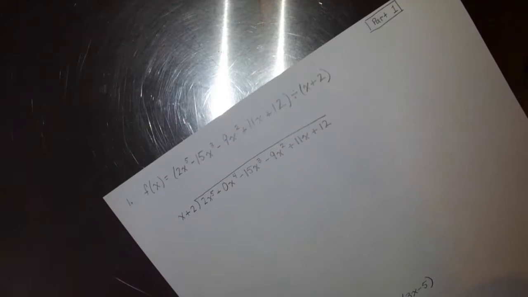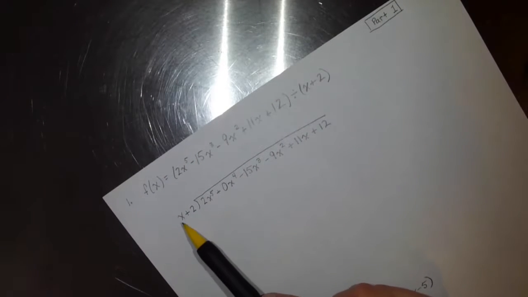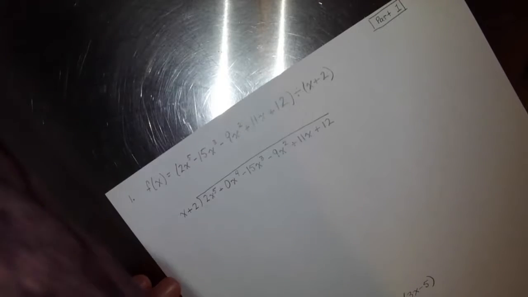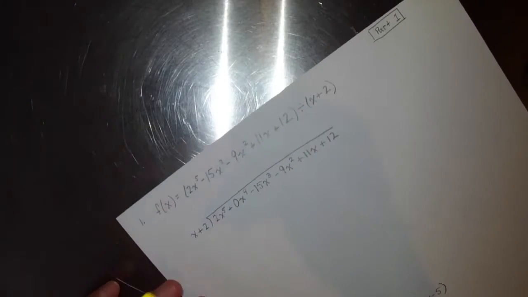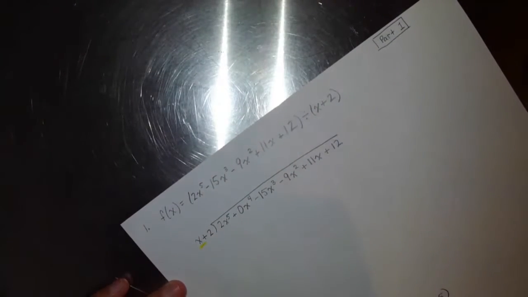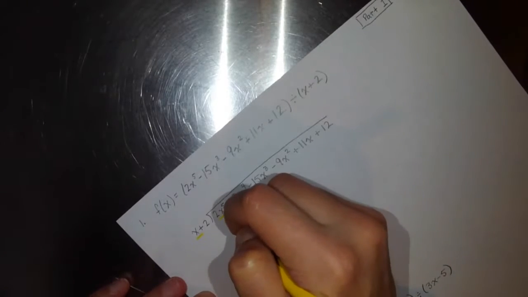So this is just like doing long division with just numbers without variables. It's just a little bit different. We have to look at the first terms when we go to divide. So looking at these first terms, I look at the x, and I look at 2x to the 5th.